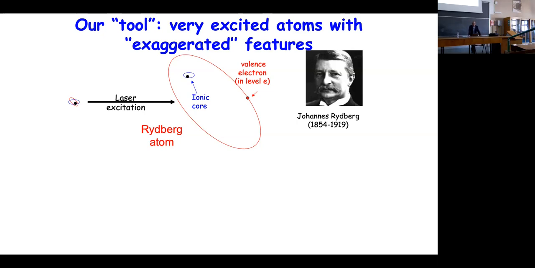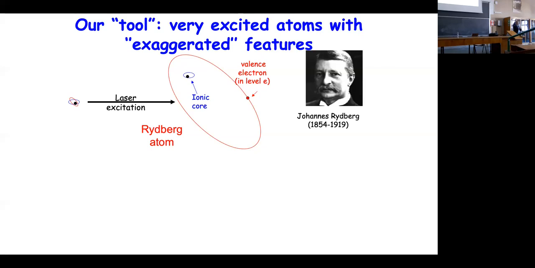So what is a Rydberg atom? It's an atom, for example an alkali atom, sodium or rubidium, in which you take the valence electron, the outer electron, and you promote it to a very large orbit, which is an orbit which has a very high principal quantum number n.